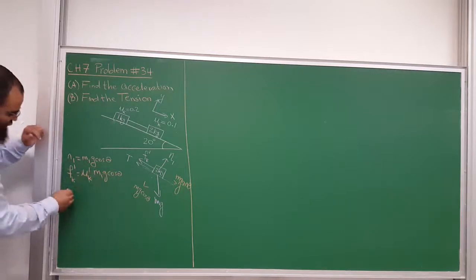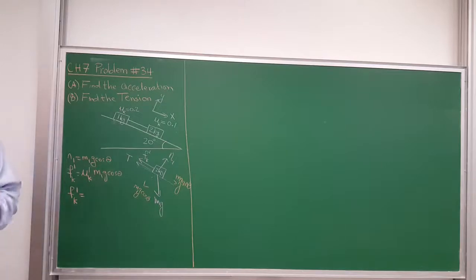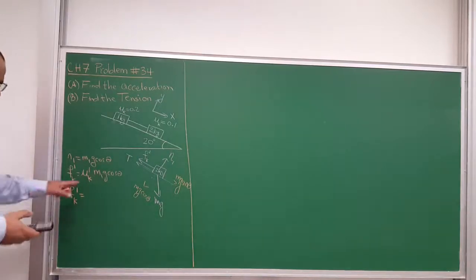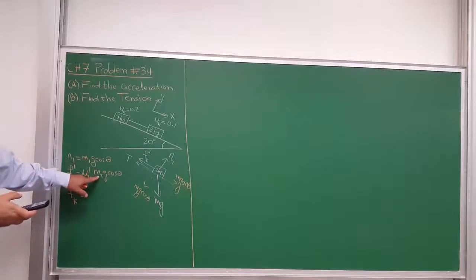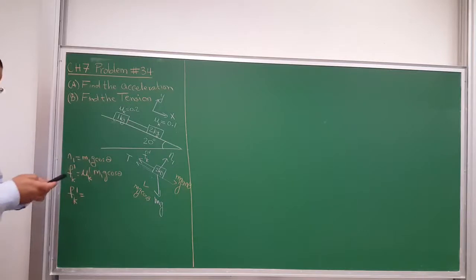Let me just figure out what this number is, fk1. So we'll have 0.1 times 2 times 9.8 times the cosine of 20 degrees. So 0.1 times m1, which is 2 kilograms, times 9.8 times the cosine of 20 degrees.